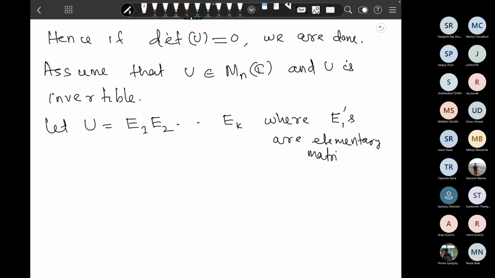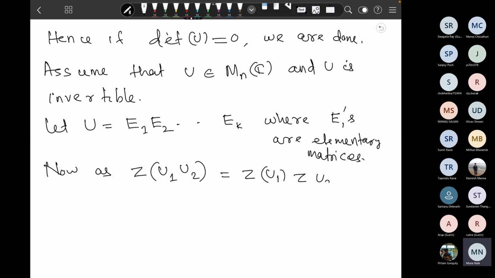Now, Z of U1 U2 is equal to Z of U1 into Z of U2, and the determinant map is multiplicative.